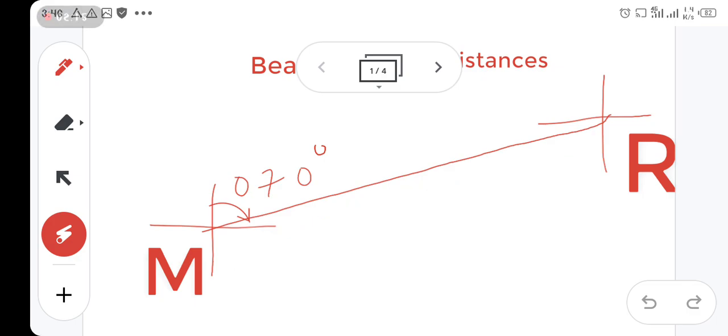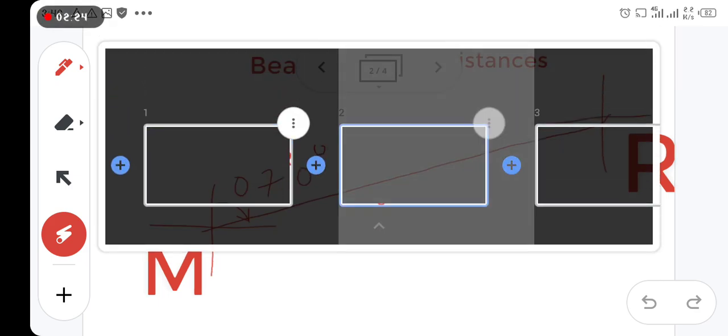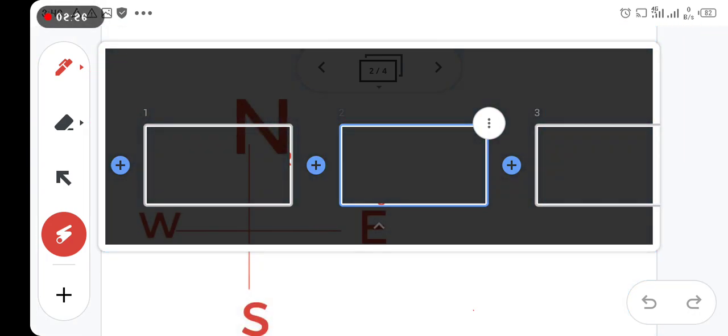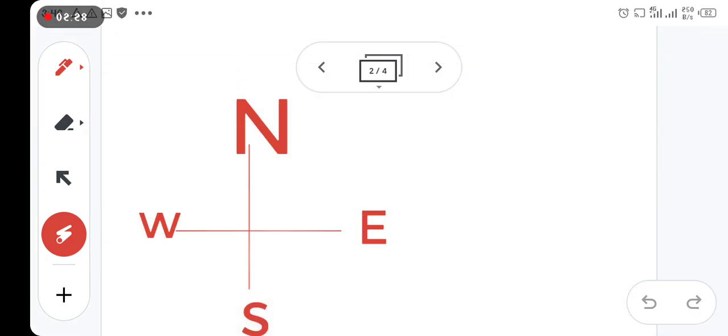Now we have two common bearing notations. We have the compass bearing, and we have the three-figure bearing. Now, the compass bearing, of course, you've seen a compass before. You have the four cardinal points there: north, east, west, south.